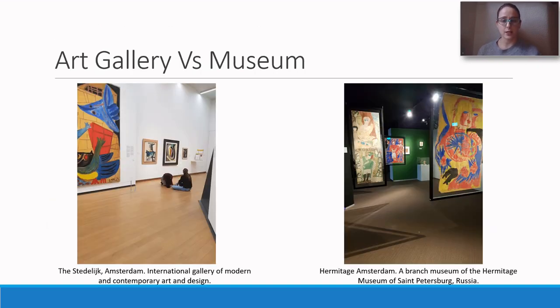Another thing to consider is art galleries versus museums. So, modern art galleries tend to have very plain, very clean walls, generally white, because their aim is to discuss the aesthetic nature of the paintings, what they look like, what this means, and what the artist was trying to represent visually. On the right, we've got modern art displayed in a museum.